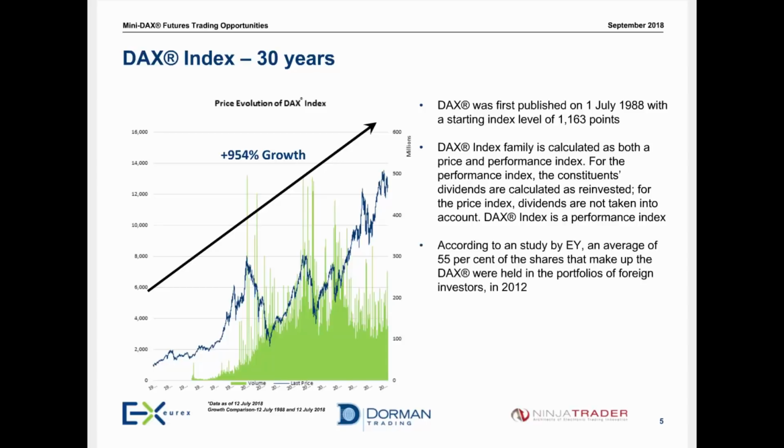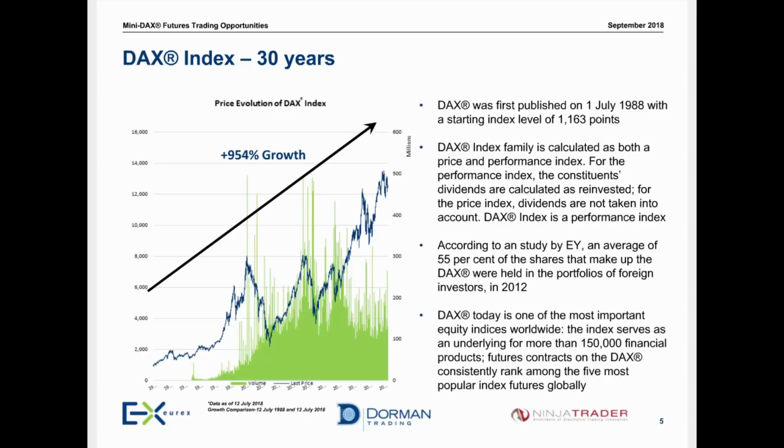Now, according to a study by Ernst & Young, an average of 55% of the shares that make up the DAX were held in portfolios of foreign investors in 2012. So it says something about the broad attractiveness of the stocks that make up this index.